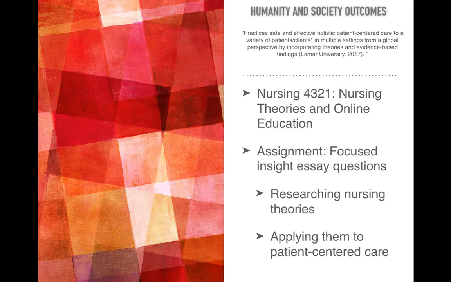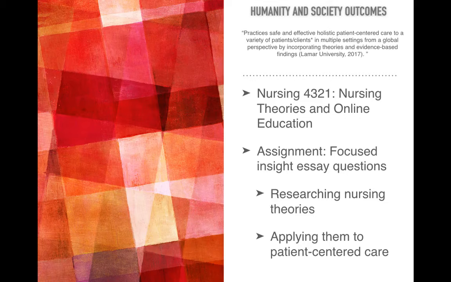For the outcomes listed in the undergraduate RN to BSN student handbook, this is the humanity and society outcome, which reads: practices safe and effective holistic patient-centered care to a variety of patient clients in multiple settings from a global perspective by incorporating theories and evidence-based findings.